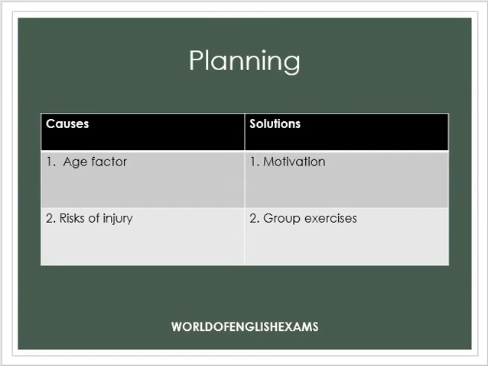And the second one, if they're feeling lonely and if they feel that the risk of injury is high, then we can promote something called group exercises. So they may have certain partners for exercise, or let's say fitness partners, and that might encourage them to go ahead and work in groups, so that each person can be helped by the other towards exercising regularly and performing good workouts.